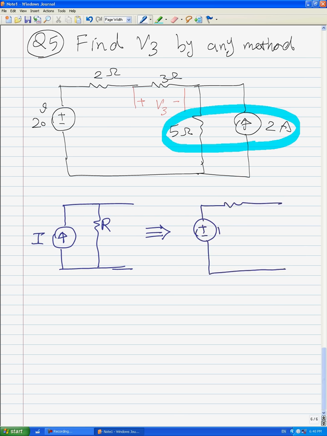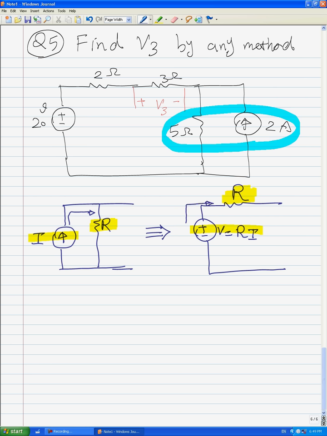The voltage here is equal to R times I, and the resistor here is the same, R. Important note, the resistor here is equal to the resistor here. Here we have a current source, here we have a voltage source. And very important note, we have current like this, and here we have current like this.